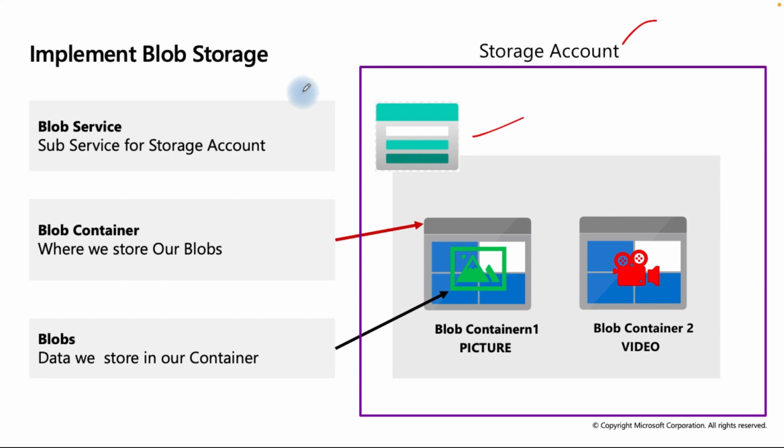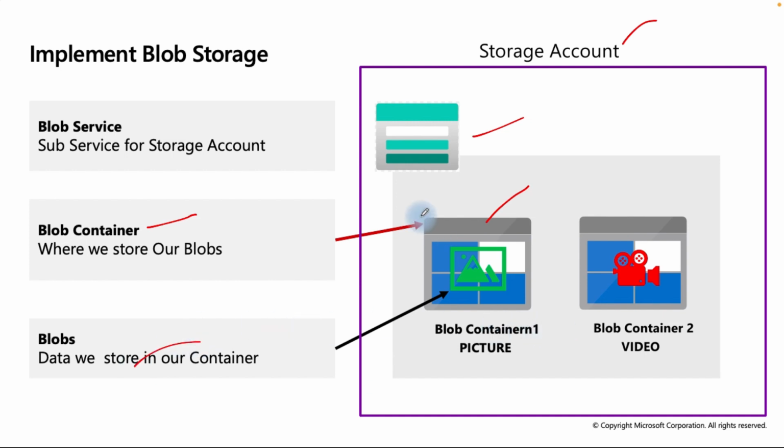The blob service is a subservice of the storage account. Then you click the blob service and you can make a blob container. You can make unlimited blob containers. After you make the blob container, you upload your videos, images, or something similar.